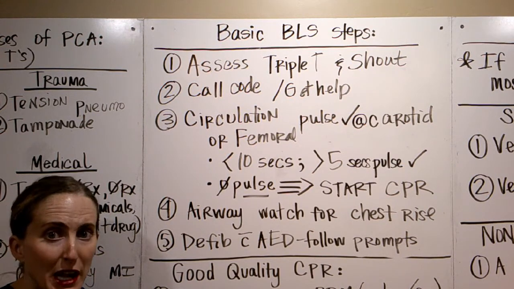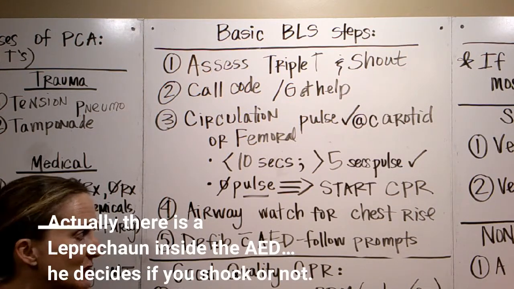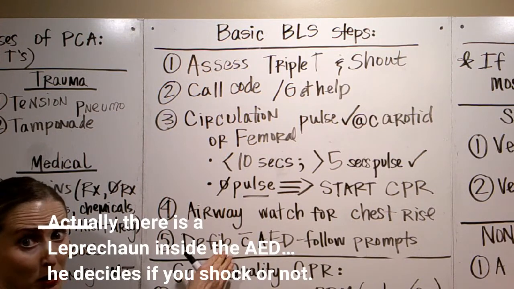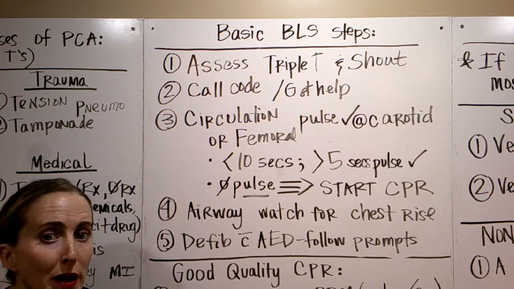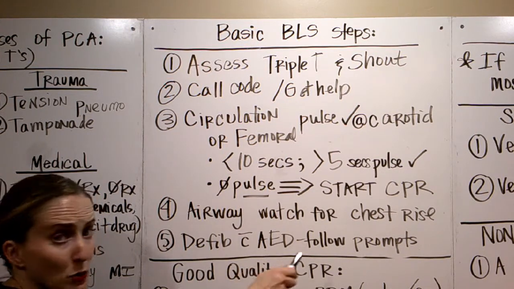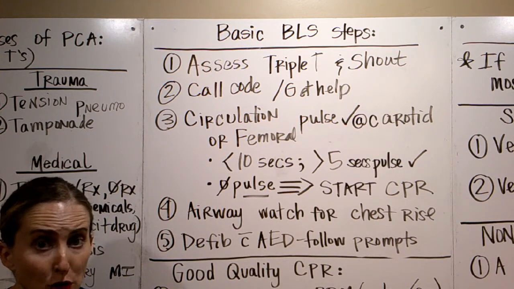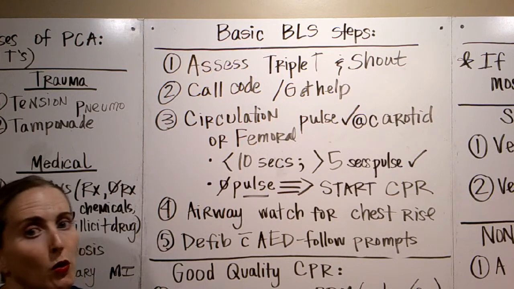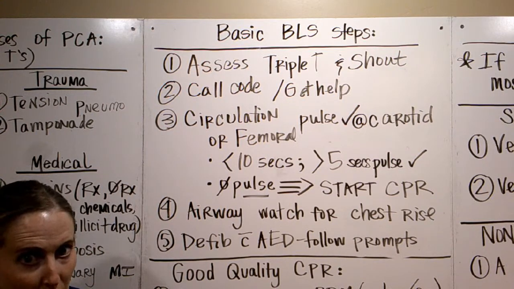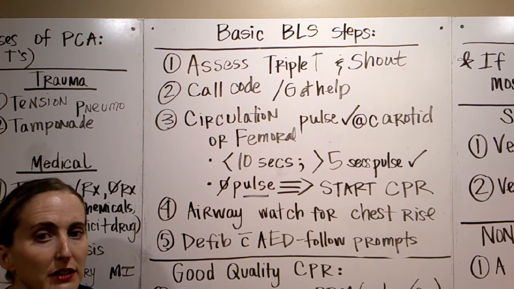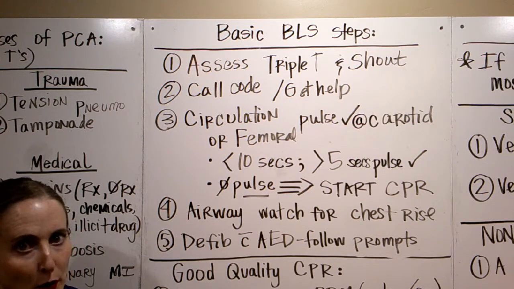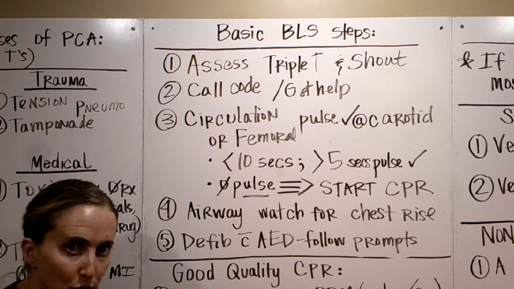The difference today between BLS and ACLS is this is where you stop. ACLS goes one step further. Now the AED goes away and there's no prompter telling you whether to shock or whether to continue CPR. The AED will say shock advised, charging, and then when the light goes blinky, you hit the button, right?